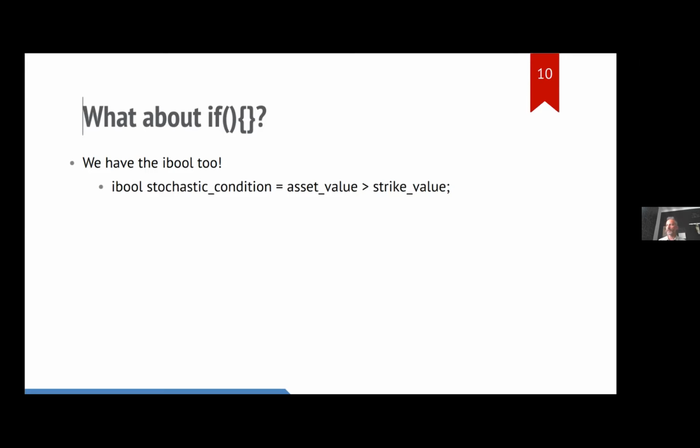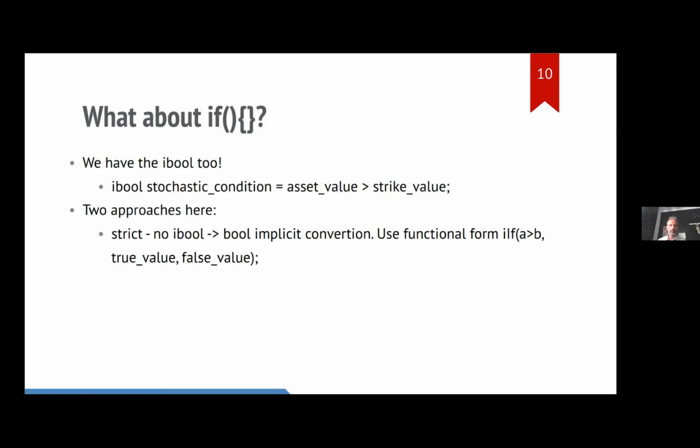But the result of this comparison is an active Boolean. It may result in true or false at runtime, depending on the Monte Carlo path the simulation would take. So this variable, the stochastic condition, represents a handle of this value that we will know later on. So what next? Really two approaches.